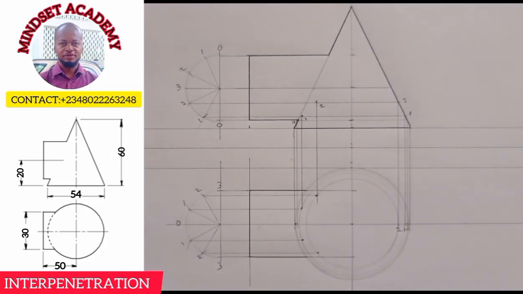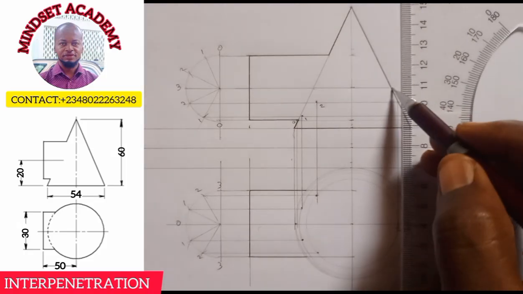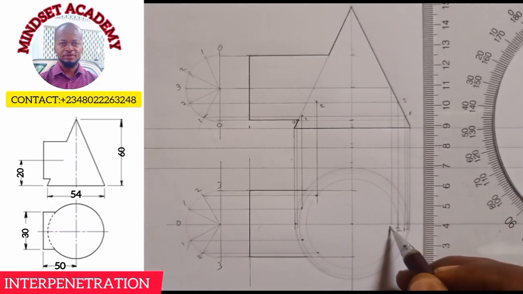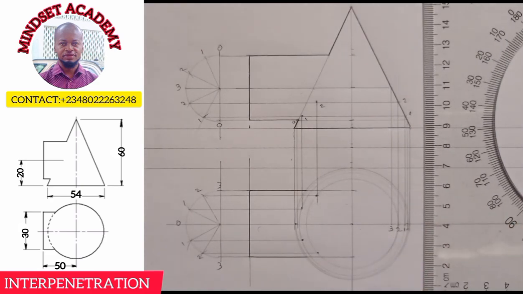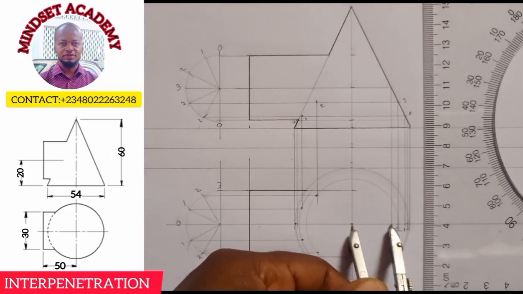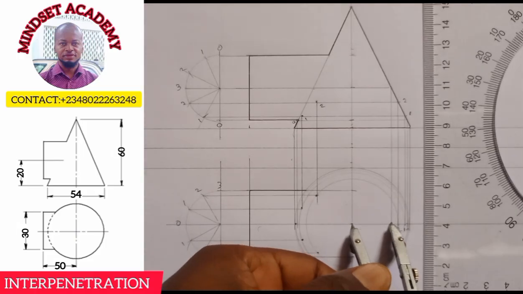I'll project it down, touching this horizontal line. So that is what? 3. So when I place it from 0 to 3, right, I'll draw circle 3.